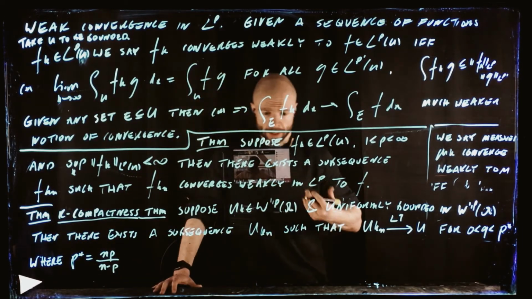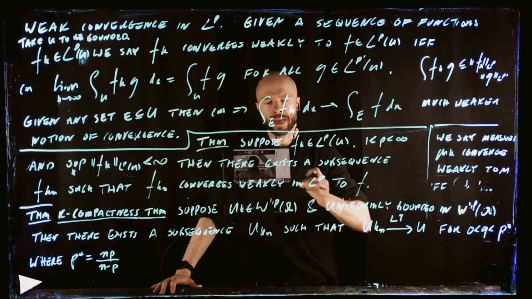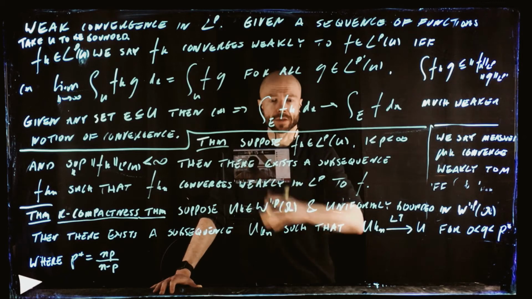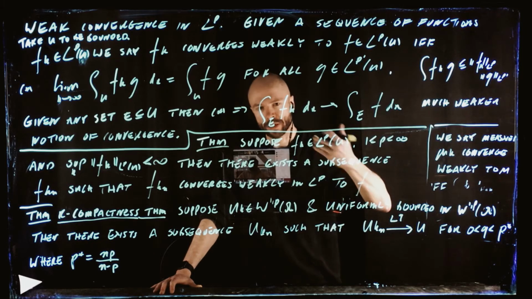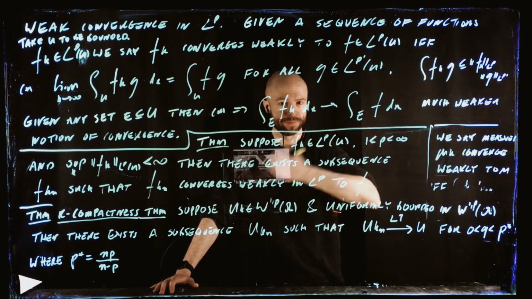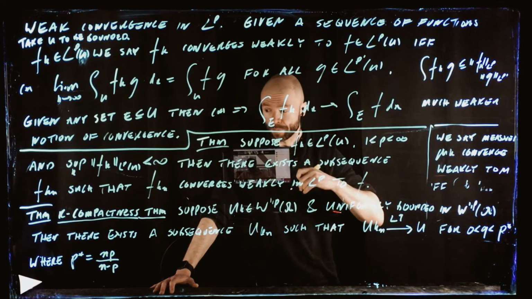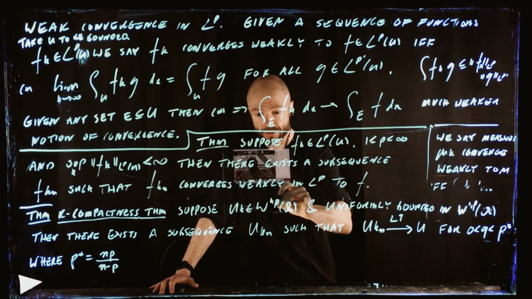Okay, so this is only new and interesting if p is between 1 and n, because if p is bigger than n, as we've already learned, these guys are Hölder continuous, so it's just the Arzelà-Ascoli theorem. Because they're uniformly Hölder continuous, therefore they're equicontinuous. But if p is between 1 and n, then we don't have that kind of control at all.